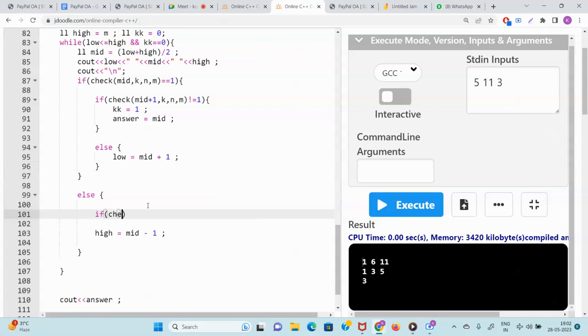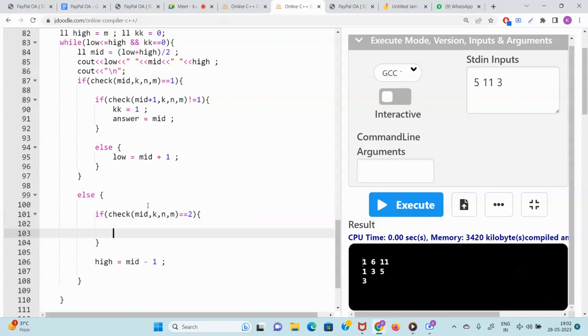If check of mid, comma k, comma n, comma m, if this check is 2, it means it is the first part. Guys, if it is 3, or I should just write else. If f is coming from the third part.